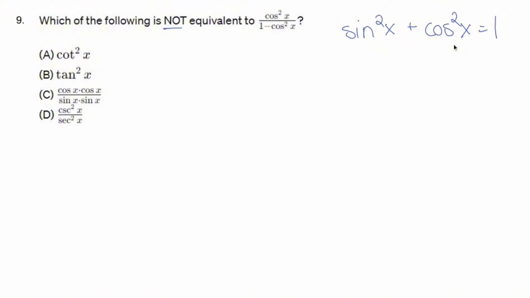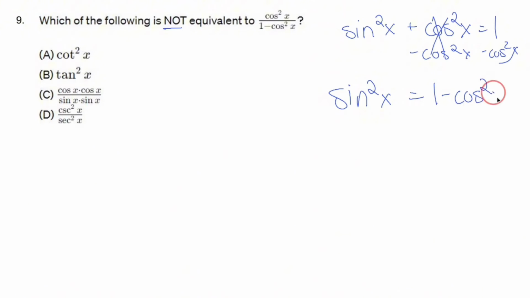I really don't have that here, but you know what I do have? If I subtract cos squared x from both sides, sine squared x is the same as 1 minus cos squared x. So what I can do is replace that 1 minus cos squared x with sine squared x.